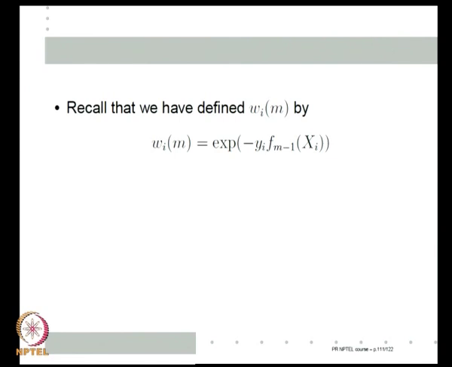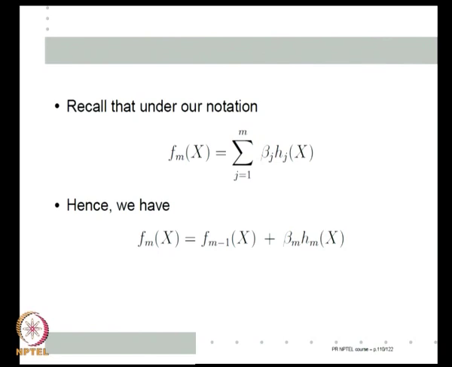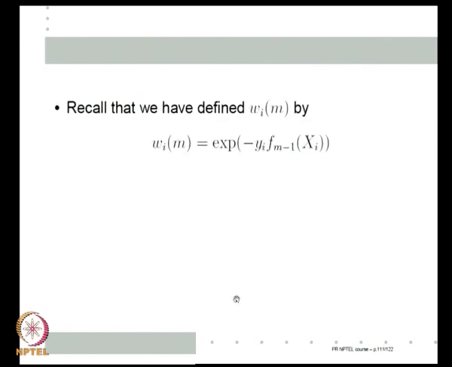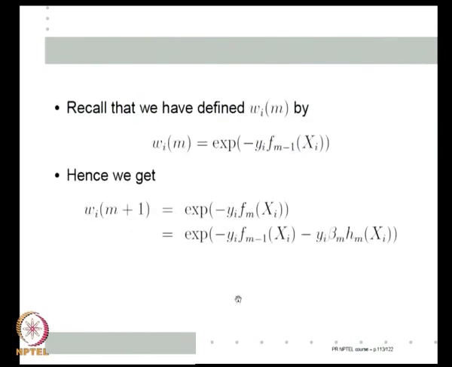So, w_i^(m+1) will be exponential of minus y_i F_m(x_i). Now, we know F_m is this, so I substitute that, and it becomes minus y_i F_(m-1)(x_i) minus y_i beta_m h_m(x_i).